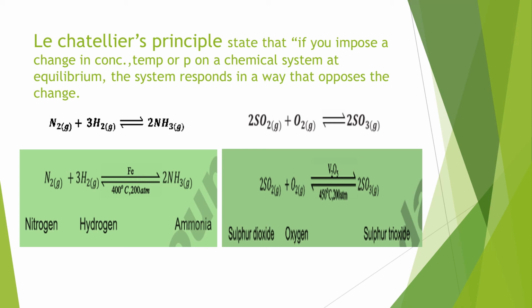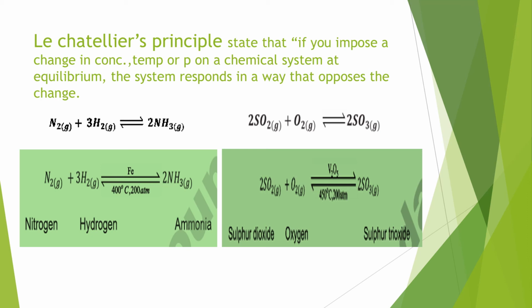And in case of the second reaction, that sulfur dioxide and oxygen gives us the sulfur trioxide. In the formation of the sulfuric acid, it is a very important reaction. Again, it is a reversible reaction. As soon as this sulfur trioxide is formed, it will again decompose into the sulfur dioxide and oxygen.